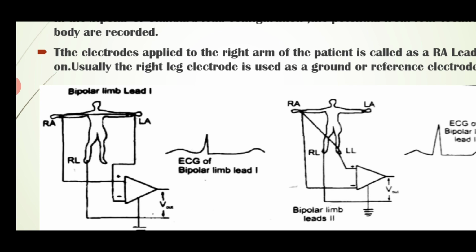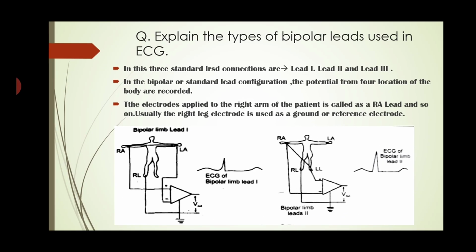That is the lead 1 connection. In the lead 2 connection, they use the right arm and left leg. From the left leg, the input is given to the positive of the amplifier and the right arm is given to the negative of the amplifier.